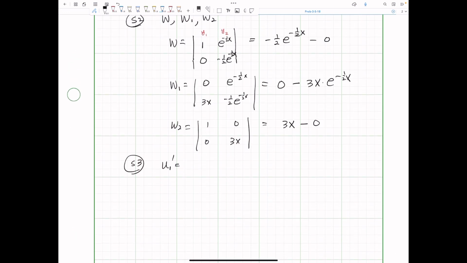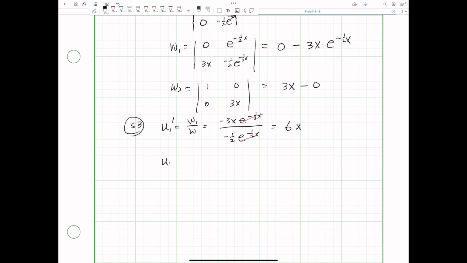U1 prime is W1 over W. W1 is negative 3x e to the negative 1 over 2x, over W, which is negative 1 over 2 e to the negative 1 over 2x. Negative 3 over negative 1 over 2 will give us 6, and then x, and the e to the negative 1/2 x and e to the negative 1/2 x are cancelled out.